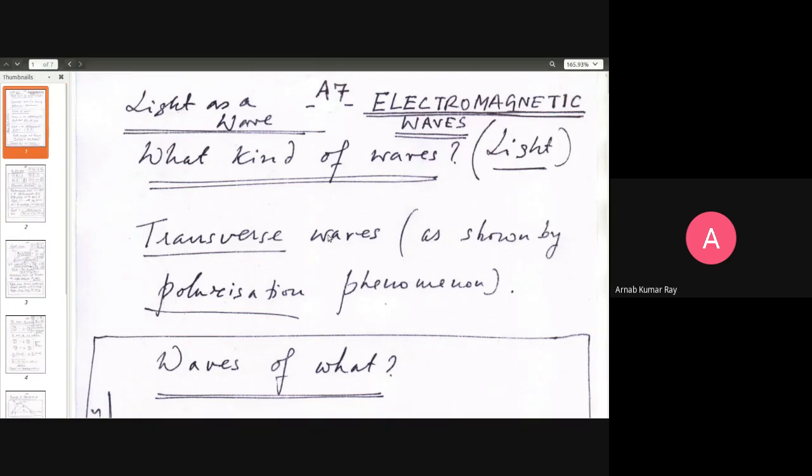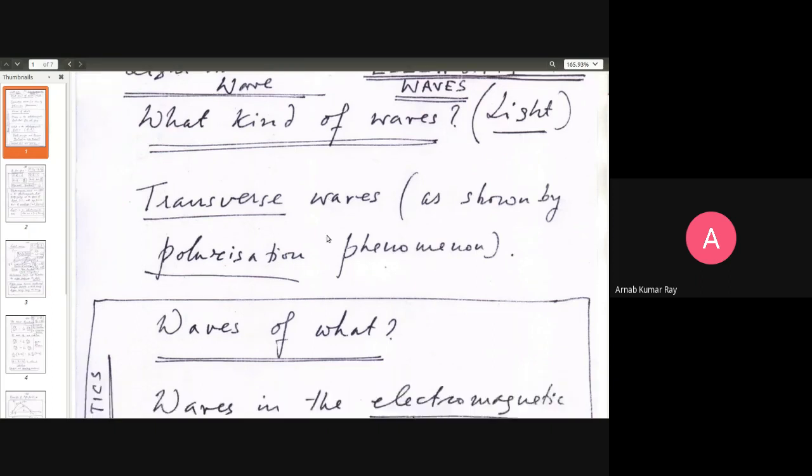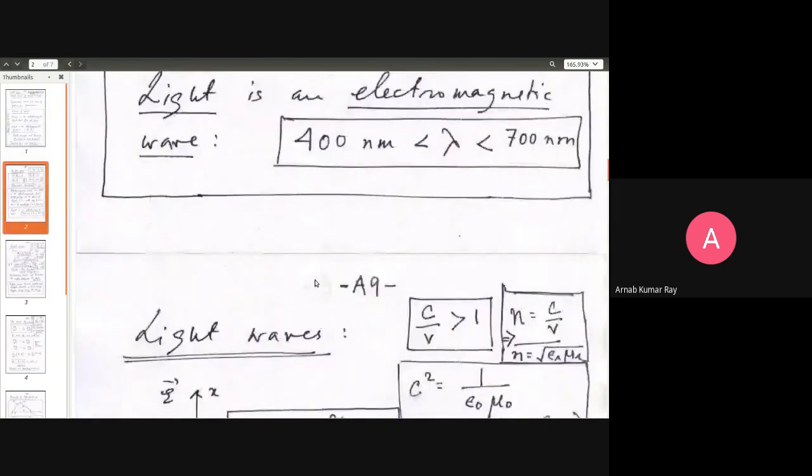So we were able to show mathematically that light is a transverse wave and it is an electromagnetic wave. In the case of light, there are two waves. One is a wave in the electric field and the other is a wave in the magnetic field.